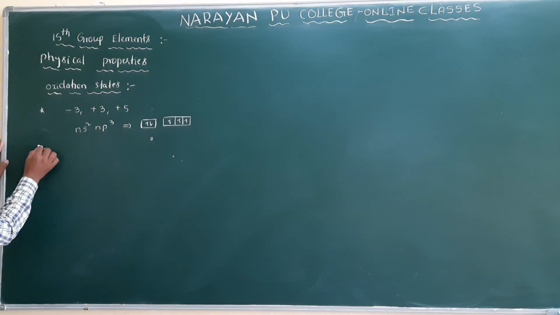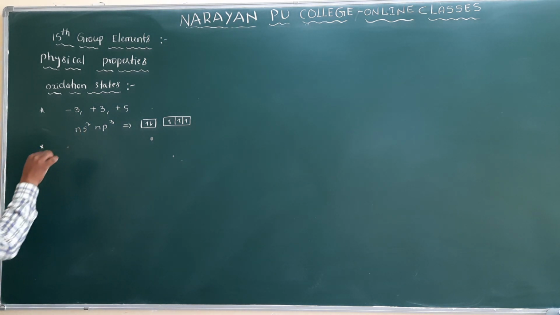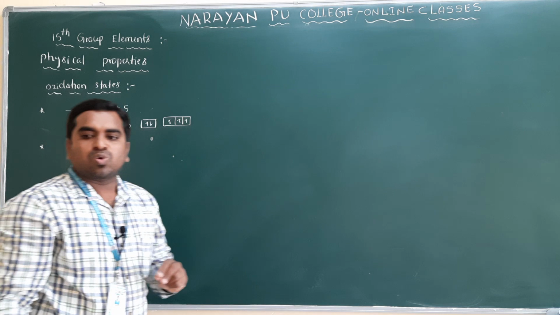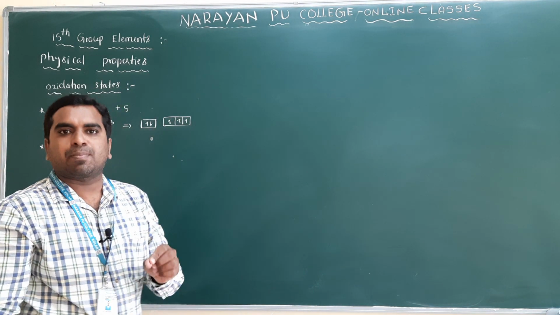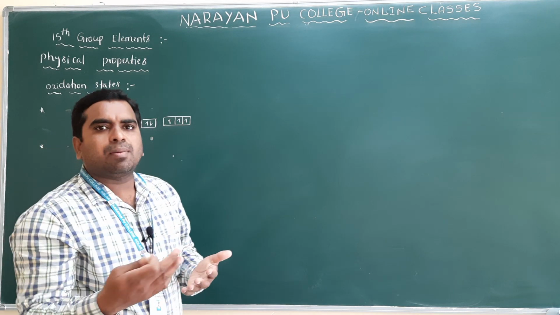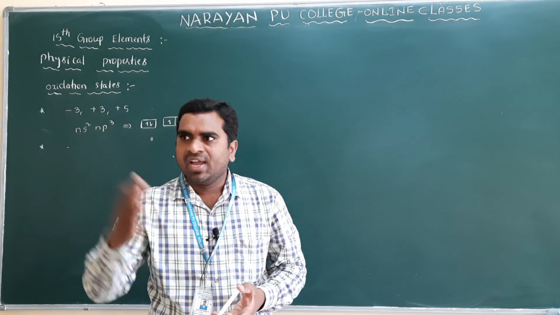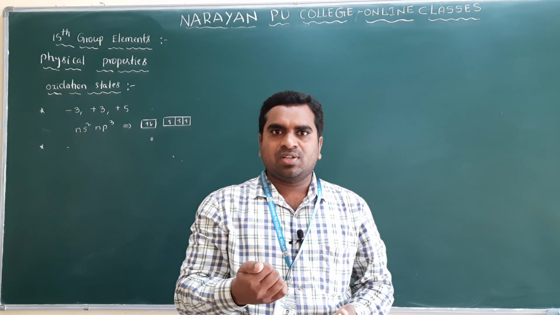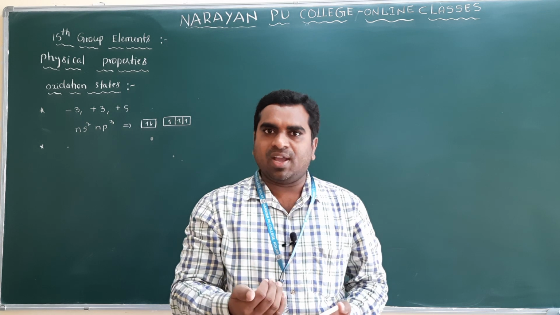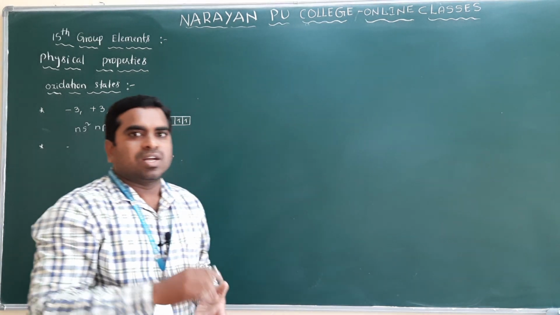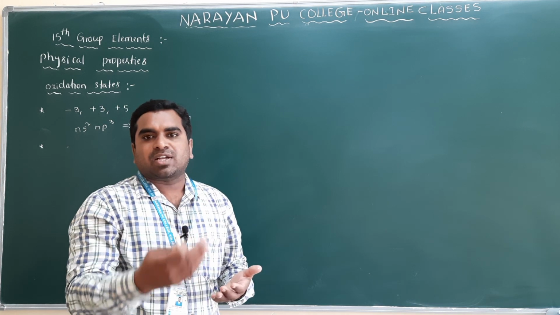Now in this case, the -3 oxidation state is mainly exhibited by nitrogen and phosphorus. To show the -3 oxidation state, it has to gain electrons. How many electrons? 3 electrons should be gained. So to gain electrons, the element should have high electronegativity.